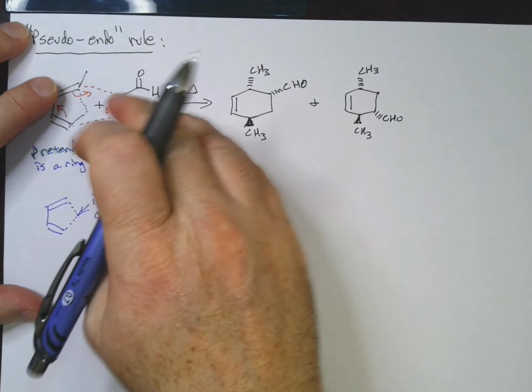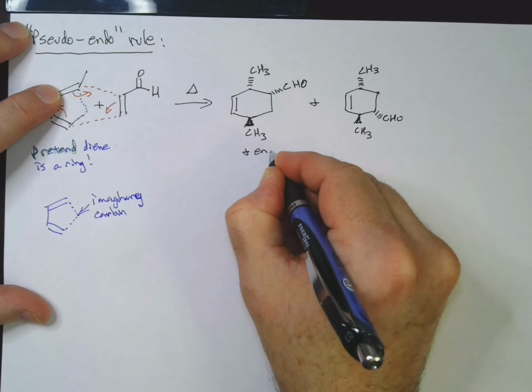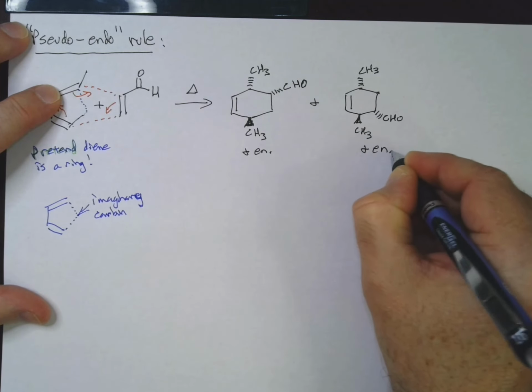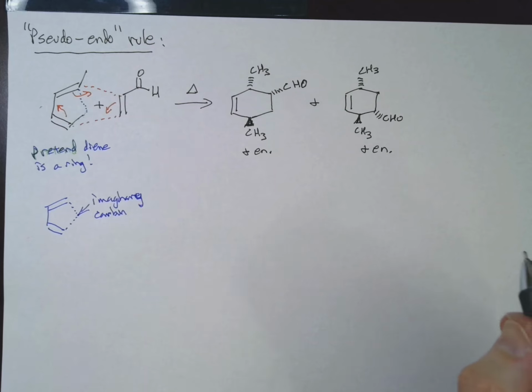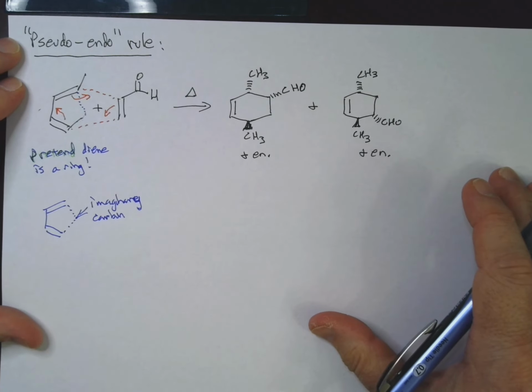And again, because this could come in from one face or the other face, I would get the enantiomers of both of these. So I could get quite a mix of products. So it can be a lot to keep track of.